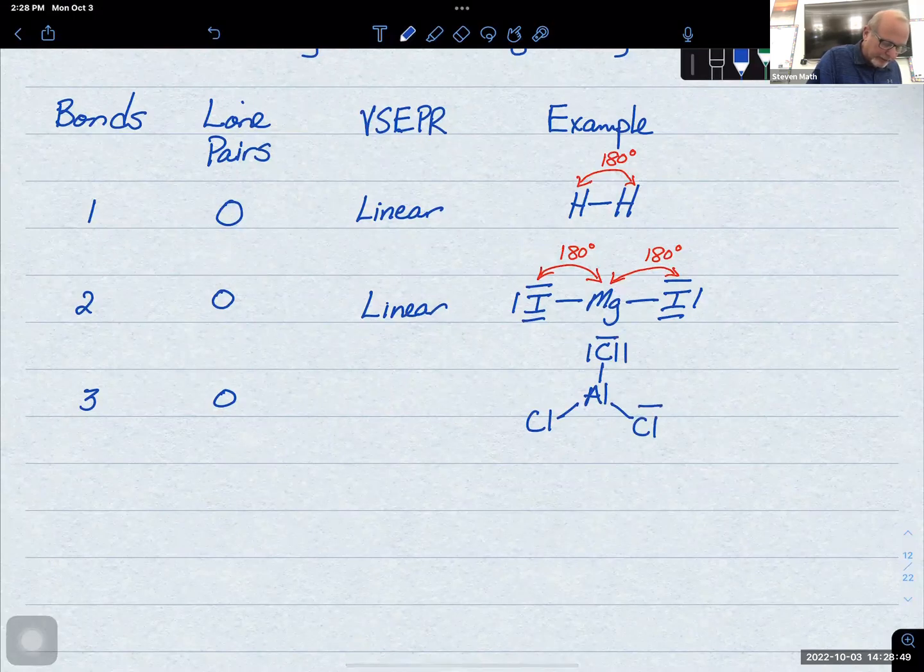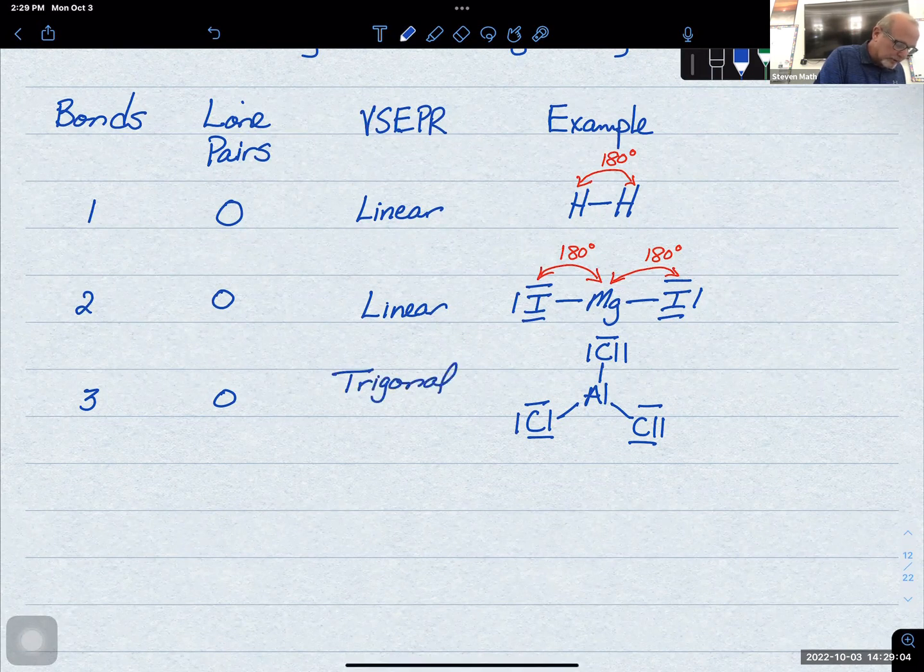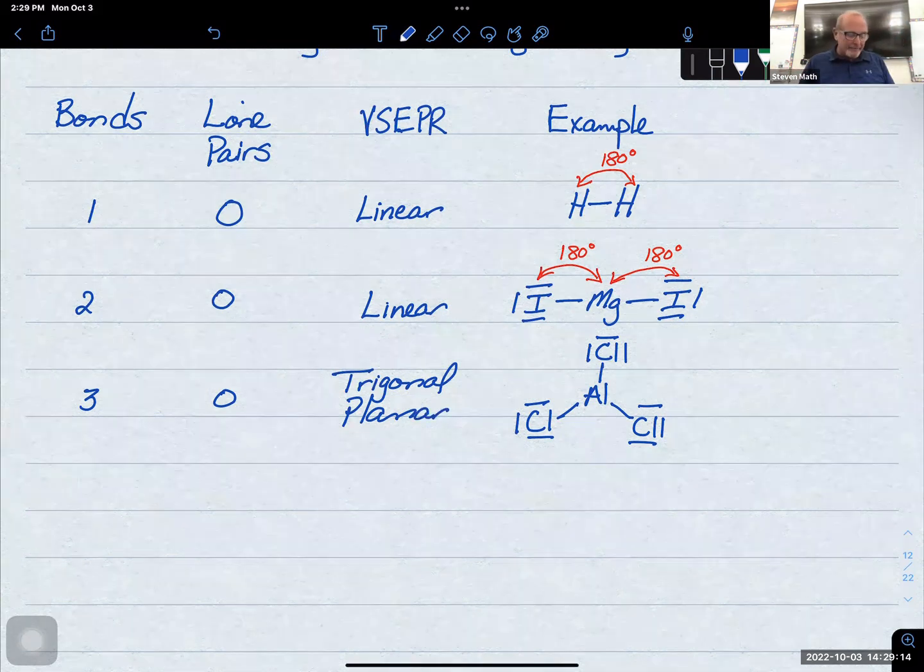Put the lone pairs on the chlorine. Makes kind of a triangular shape, and that's part of this name. This is called trigonal, and it's flat. Planar.